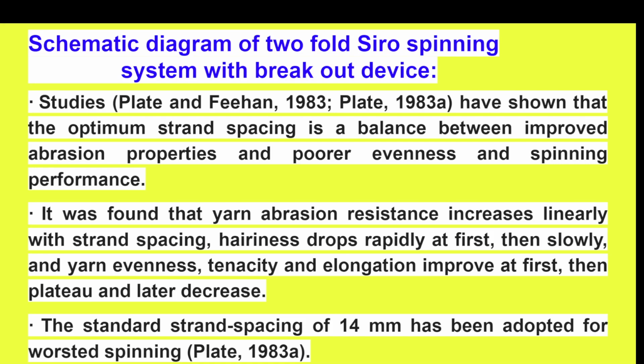Hairiness drops rapidly at first, then slowly, and yarn evenness, tenacity, and elongation improve at first, then plateau and later decrease. The standard strand spacing of 14 mm has been adopted for worsted spinning as per a study of Platt in 1983.